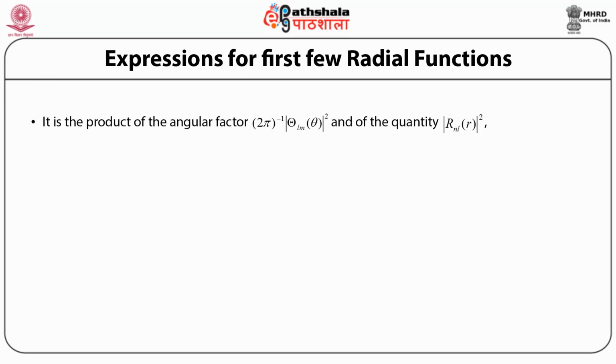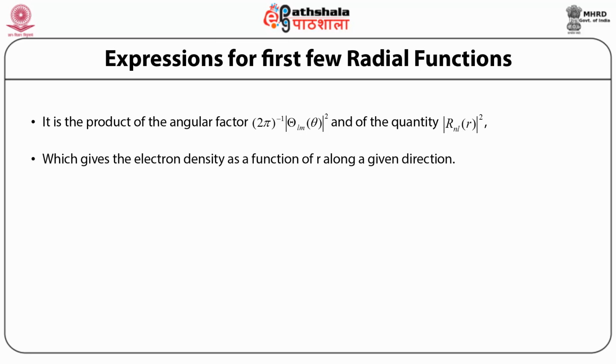It is the product of the angular factor 2 pi to the power minus 1 multiplied by modulus of Theta_lm(theta) the whole square, and of the quantity modulus of R_nl(r) the whole square, which gives the electron density as a function of r along a given direction.